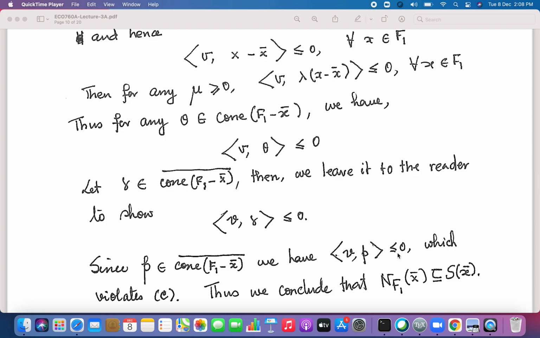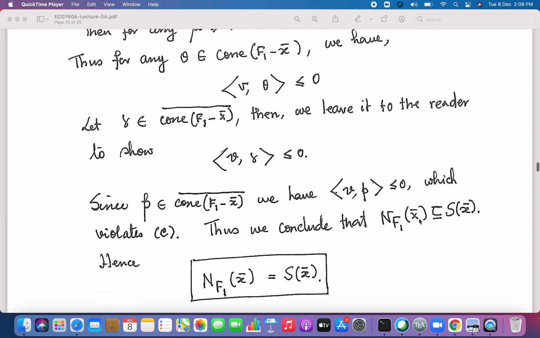But this violates the separation condition, where we had V of P strictly bigger than beta, and beta itself is greater than or equal to 0, so it is strictly greater than 0. So this concludes that N_F1(x bar) is in S of x bar, and hence N_F1(x bar) is equal to S of x bar.